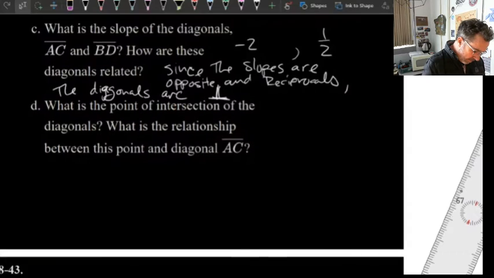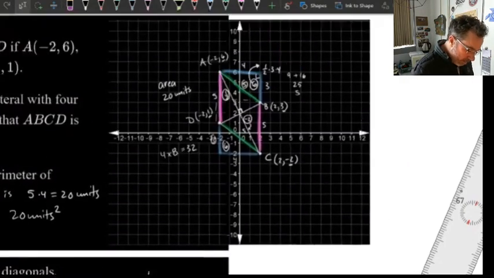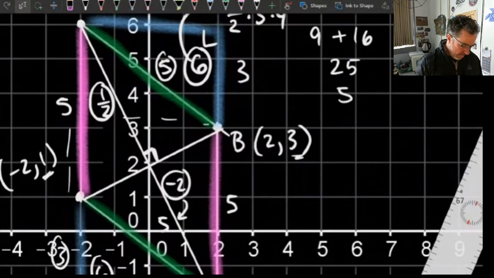And then finally, what is the point of intersection of the diagonals? What is the relationship between this point and diagonal AC? Well, when I look at it, the location of that point is at 0, 2, right?